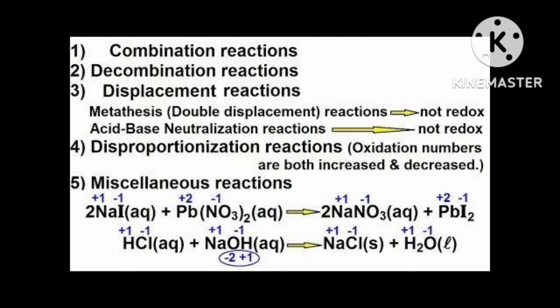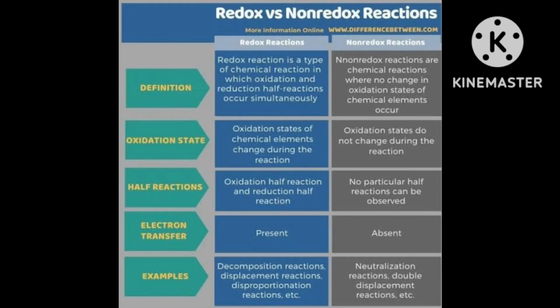Carbon was plus 4 on the reactant side, in CO3, and on the product side, where CO2 is formed, it is also plus 4. Then no change in oxidation number.